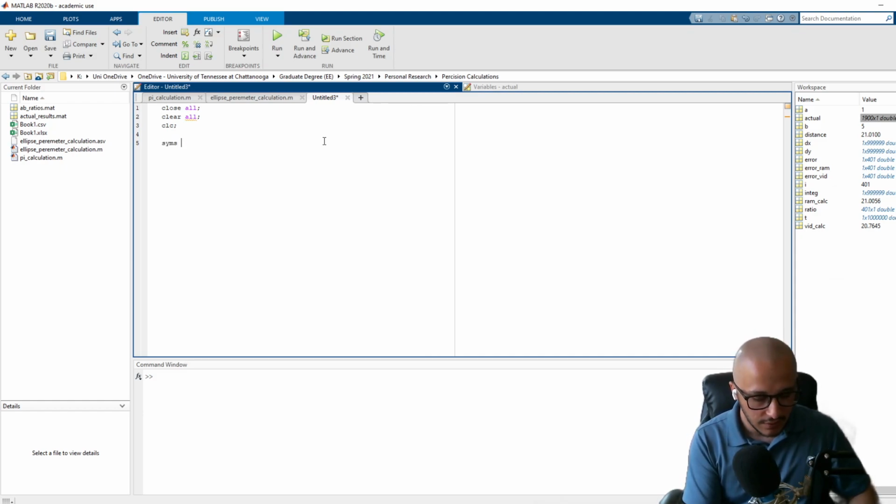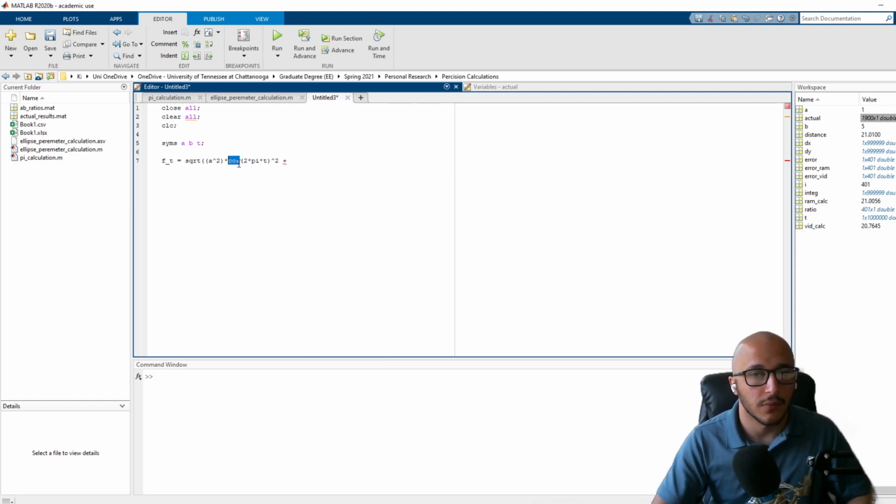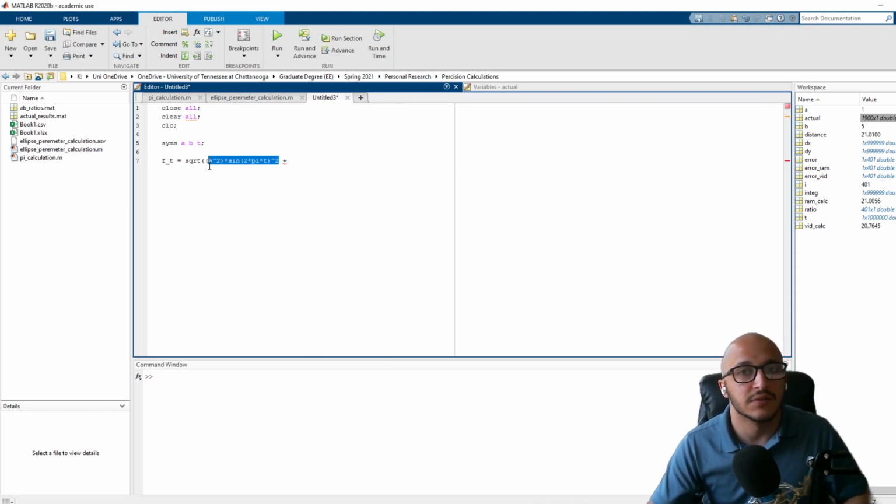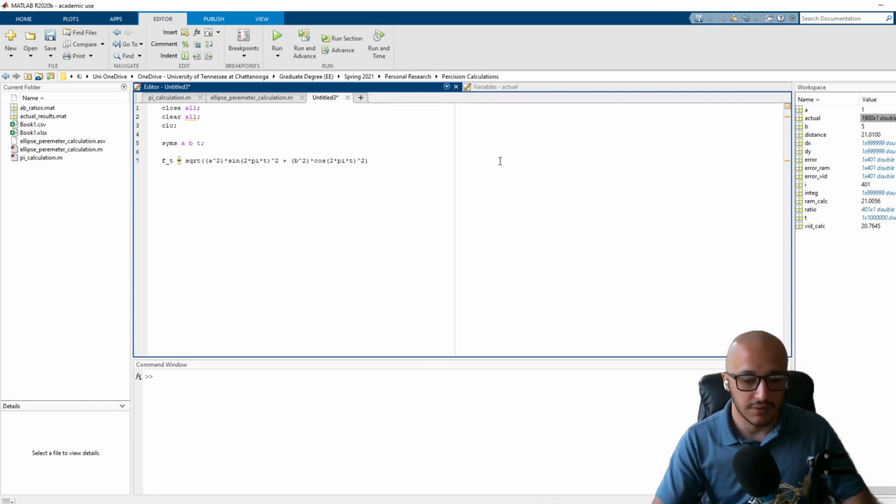We have a, b, and t, and f of t equals the square root of a squared times sine of 2 pi t squared plus, a squared minus b squared times cosine of that.